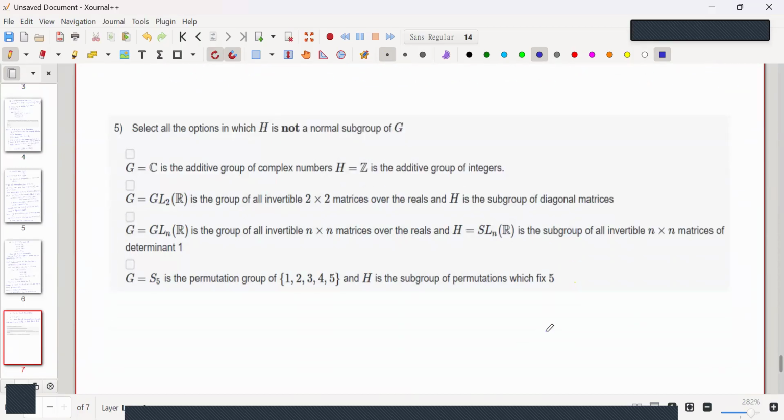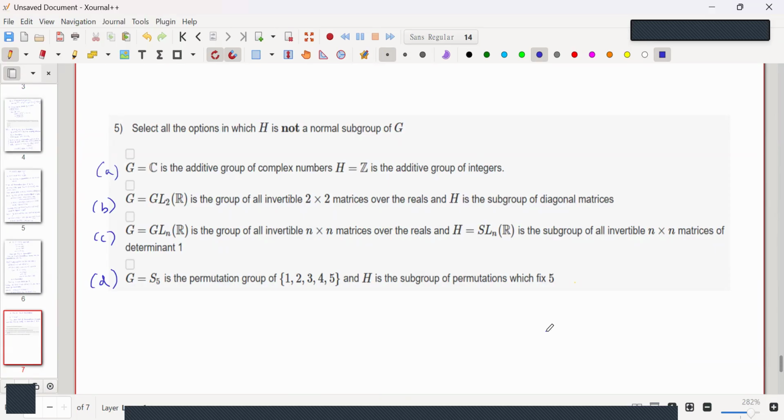So, we need to find all the options in which H is not a normal subgroup of G. First is the additive group of complex numbers and the additive group of integers. Is H a normal subgroup of C?